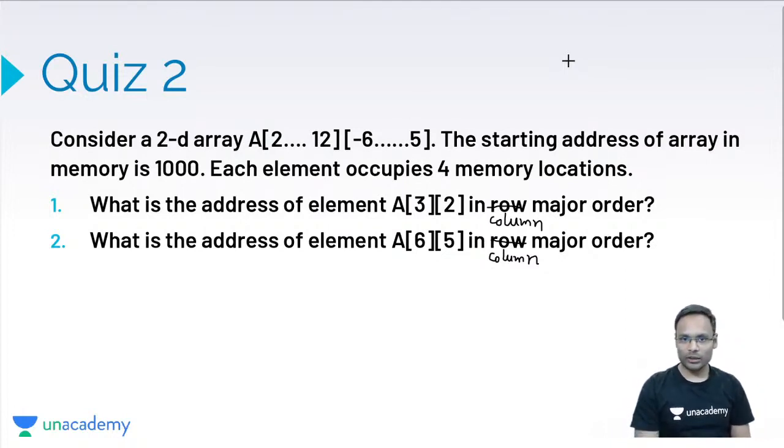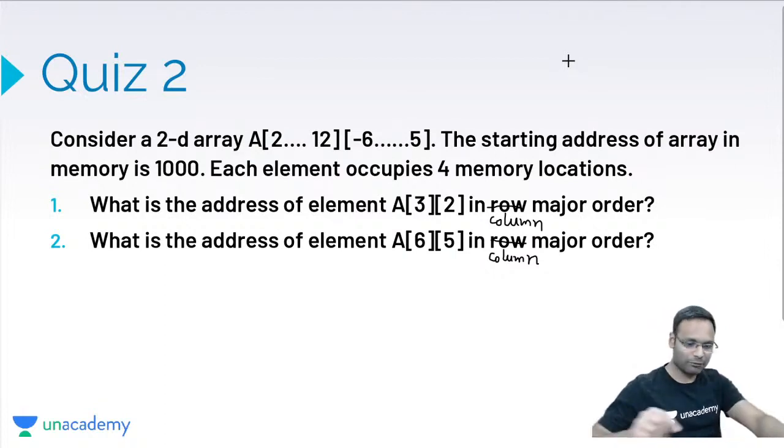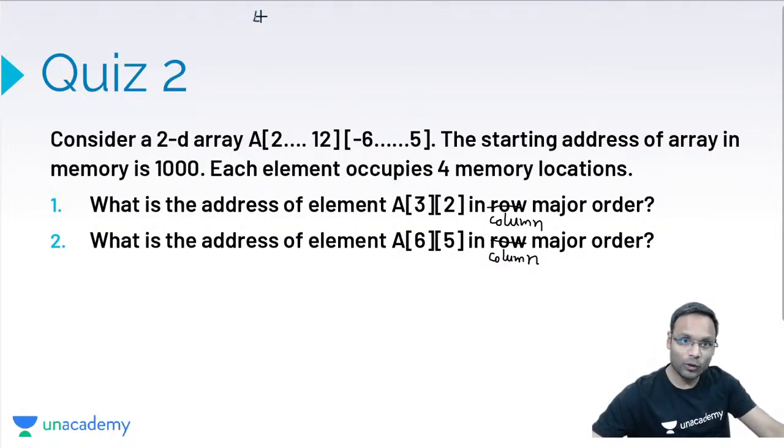Yes, both questions are for column major order this time. So first of all, calculate the lower bounds. The lower bound of rows is 2. The lower bound of columns is -6.